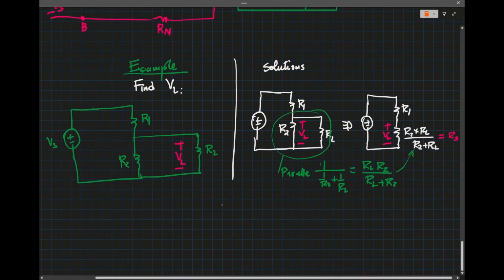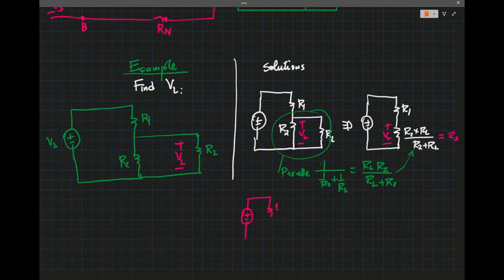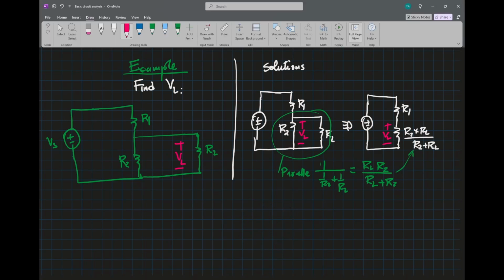So when I redraw the network, we have R1 and R3. No need to use R3. We could just calculate that and apply our voltage divider rule.